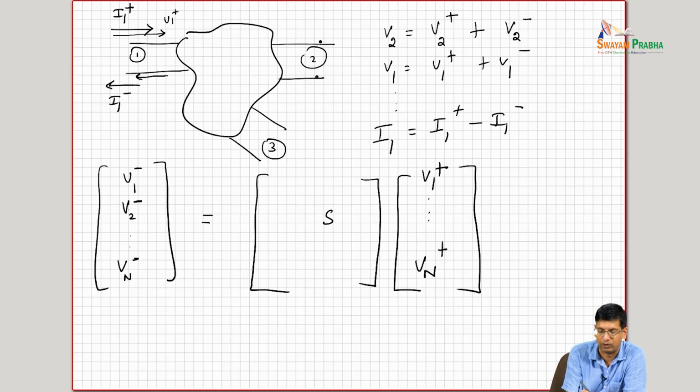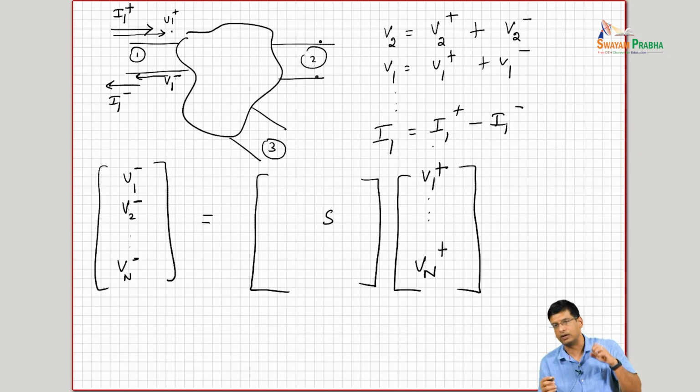So there is a forward voltage wave traveling in this direction, a backward voltage wave traveling in this direction. So the voltages at any point, they add up, right? And the currents, the direction matters. So in my notation, I1 becomes I1 plus minus I1 minus. So I'm thinking in my network that there is a forward wave of voltage and a reflected wave of voltage, a forward wave of current and a backward wave of current, right?